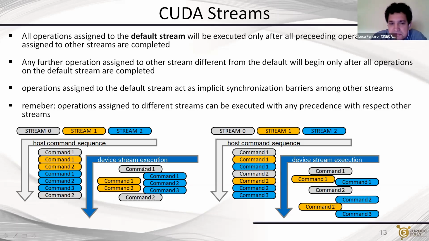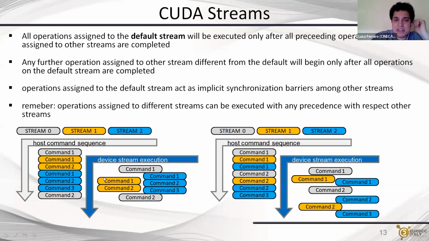So for example, the device now chooses to start command 1 on stream 2, then start command 1 on stream 1, then interleave command 2 on stream 2, then run command 2 on stream 1, then finish command 3 on stream 2. The command 2 on stream 0, the gray one, will not start until all preceding commands on other streams have completed.